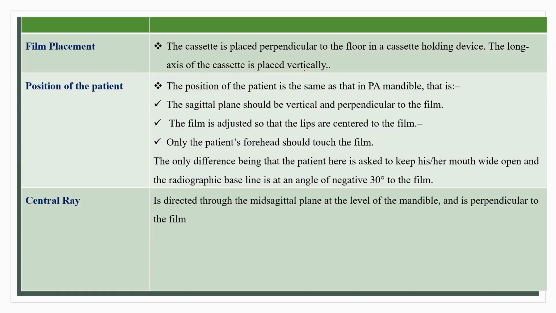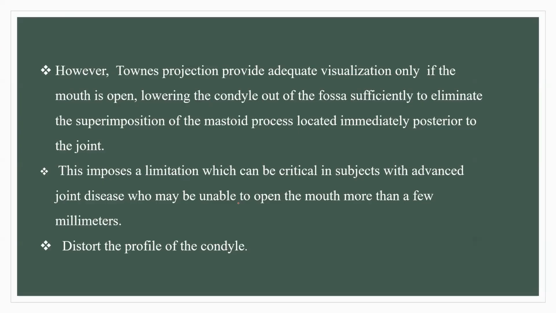The position of the patient is the same as for the PA view of the mandible. The sagittal plane should be vertical and perpendicular to the film. The film is adjusted so that the lips are centered over the film and only the patient's forehead touches the film. The central ray is directed through the mid-sagittal plane at the level of the mandible and is perpendicular to the film.